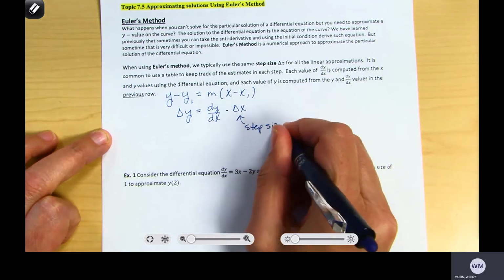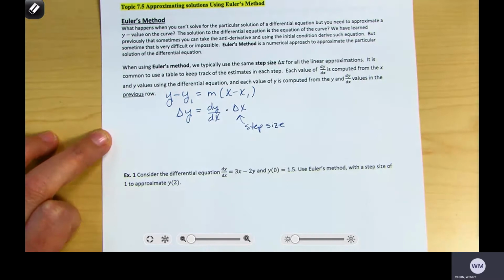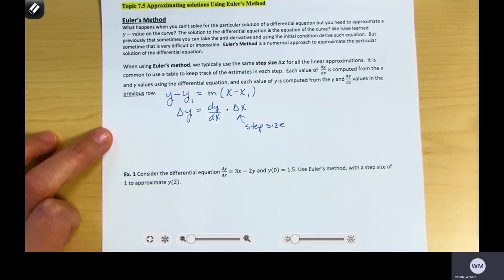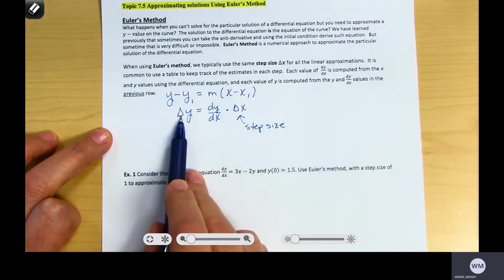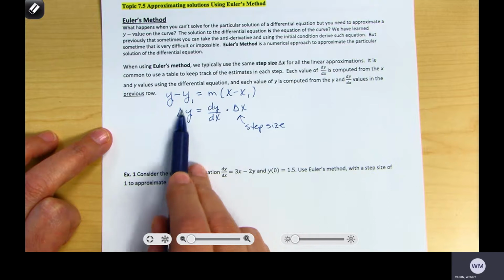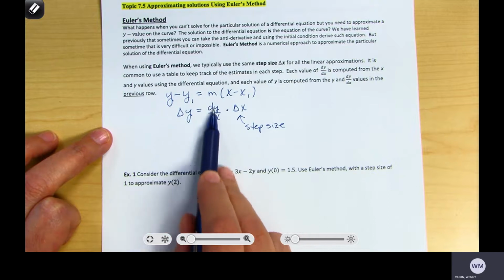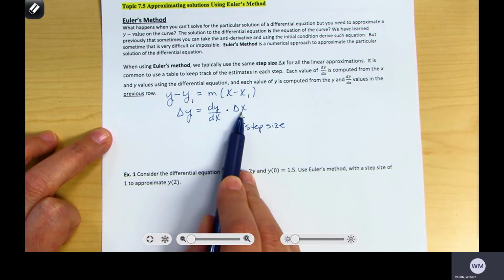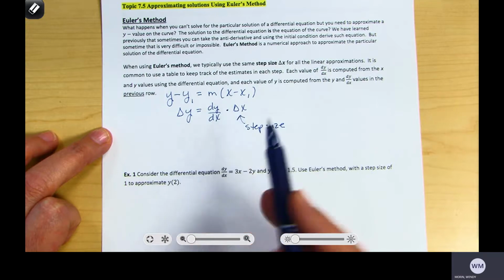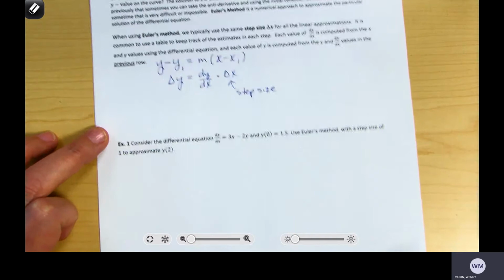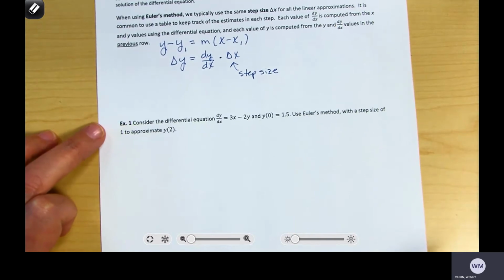It's going to be your step size. Okay? So your change in y, we're going to calculate by taking the differential, which is going to be given, times the step size.